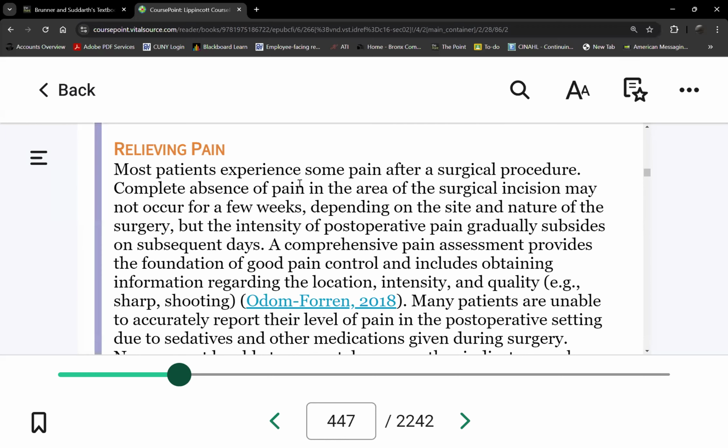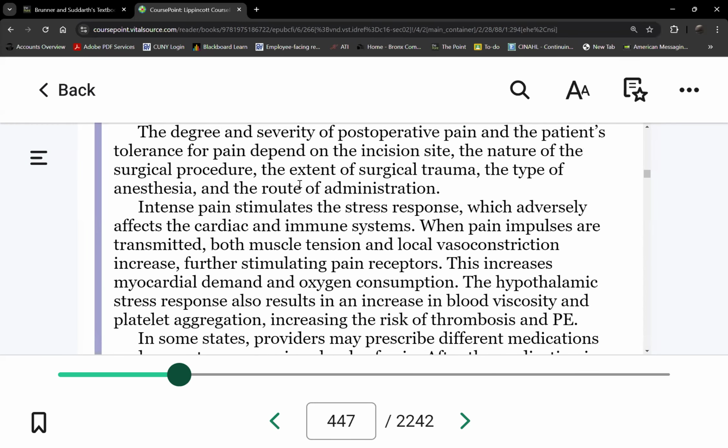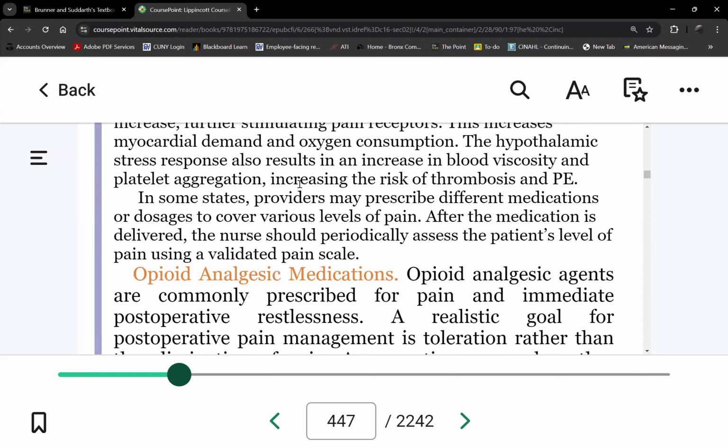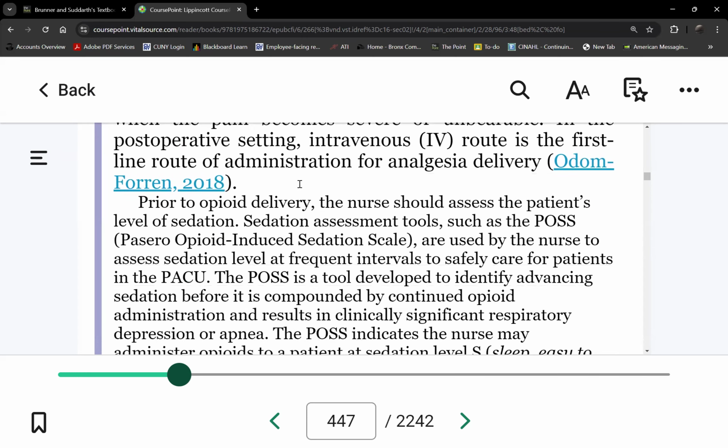So tachycardia can result from unrelieved pain. So make sure you do a complete pain assessment and manage it well. If the patient's pain is unrelieved, then discuss it with your provider. Opioid use, I don't want to repeat this. We already discussed this thoroughly last term, fourth semester.